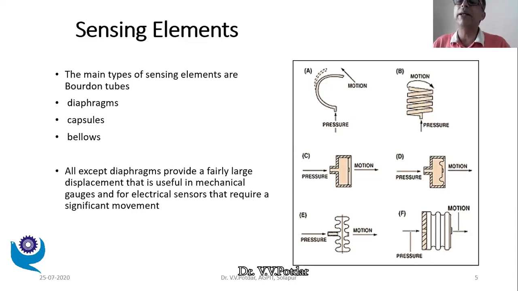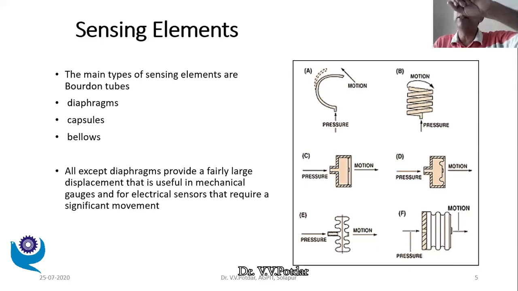Try to visualize the spring. Hollow, the spring made up of hollow tube. When it tries to expand, you get angular motion. Okay, see, you get angular motion. It tries to untwist.